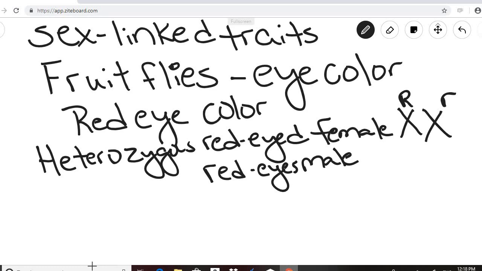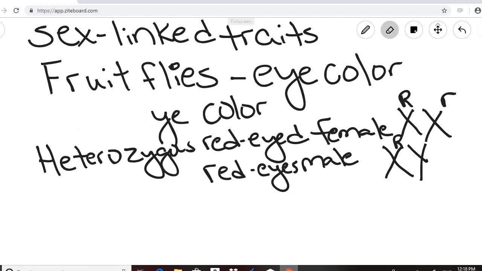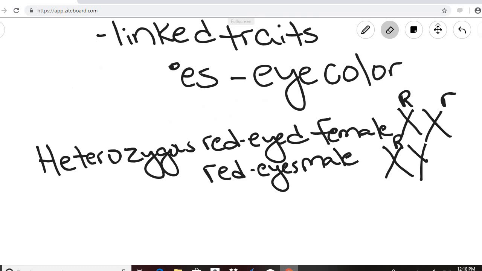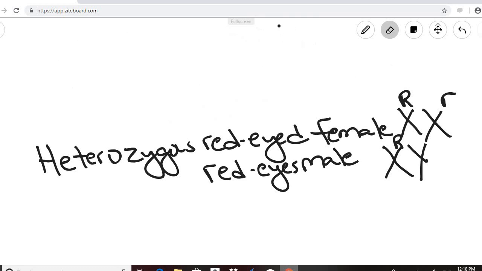For the male, a male is this and a Y. Well, if he's a red-eyed male, then on the X chromosome he would have the dominant gene, but he would have nothing on the Y because eye color is not carried on the Y. Okay, so then when we do the Punnett square for this crossing, here's how we would write it.